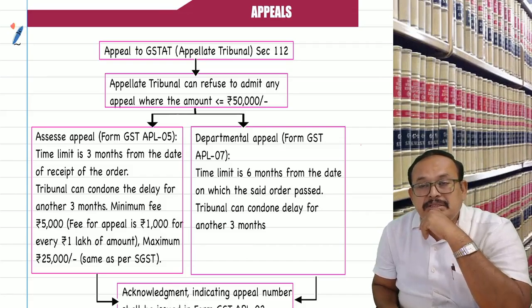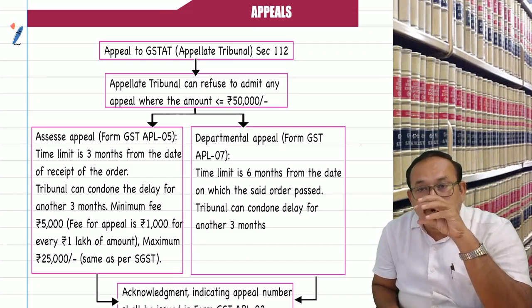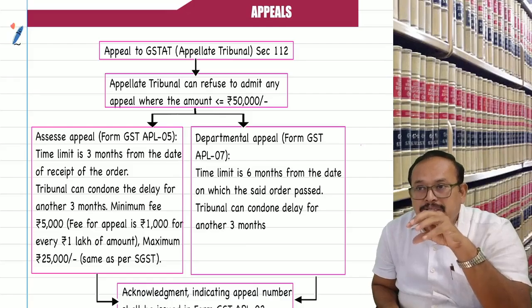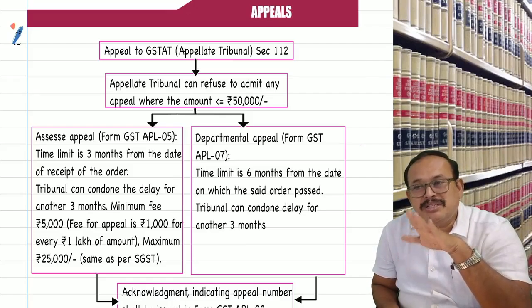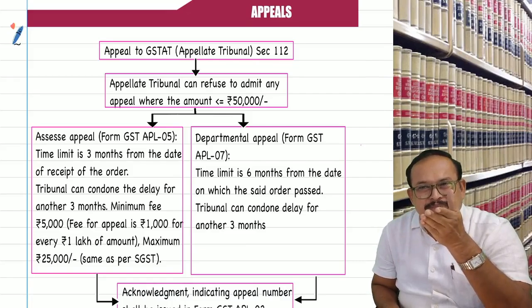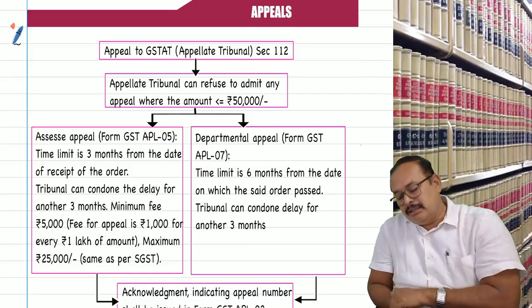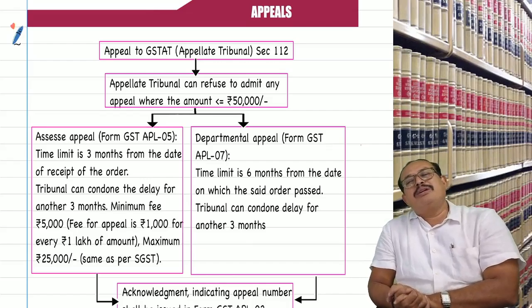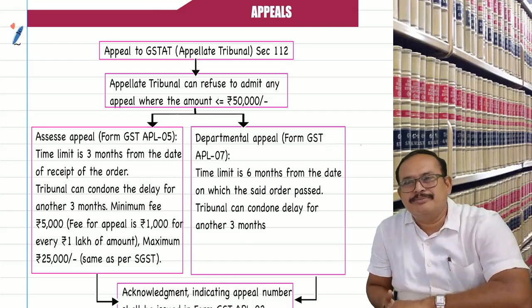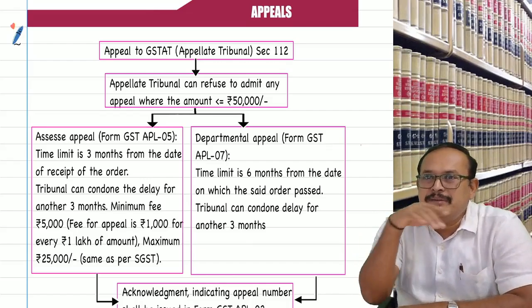That means the value of the amount involved, the disputable amount, less than or equal to rupees 50,000 is a petty amount, which generally the tribunal won't hear and will reject.